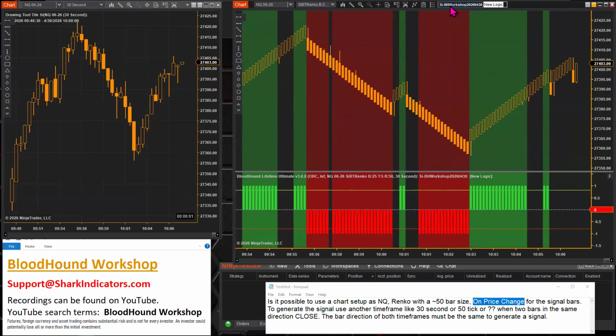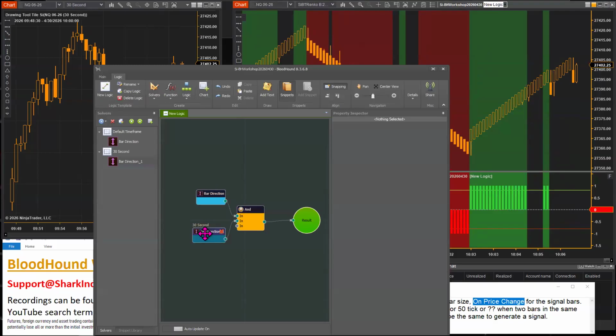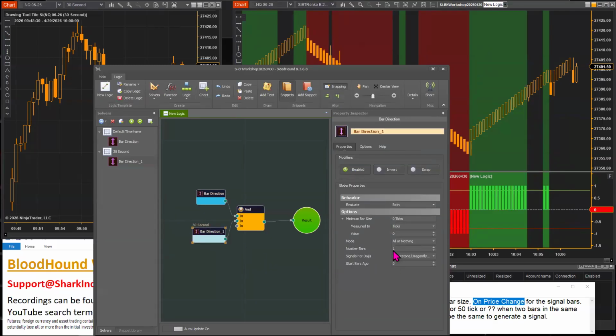So I believe, let's see, the mode, all or nothing. Nope, there we go. Signals for a doji. Yeah, so it is actually enabled there. A gravestone or a dragonfly. Yeah.